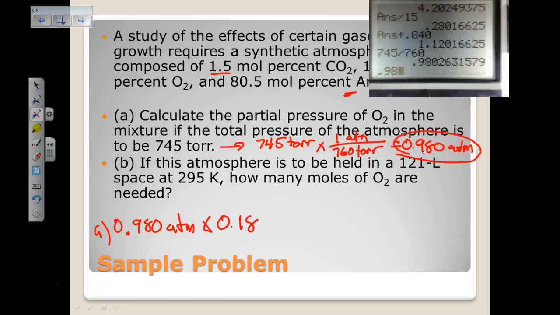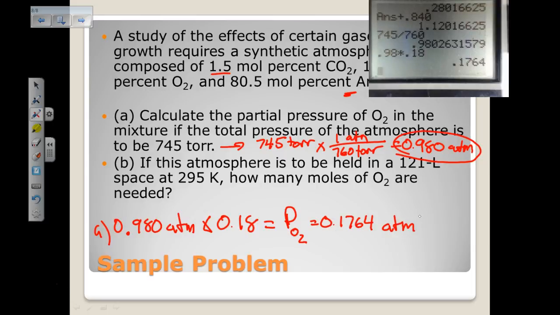So it's 0.98 times 0.18. And so the pressure of O2, the partial pressure of O2, is equal to 0.1764 atmospheres.